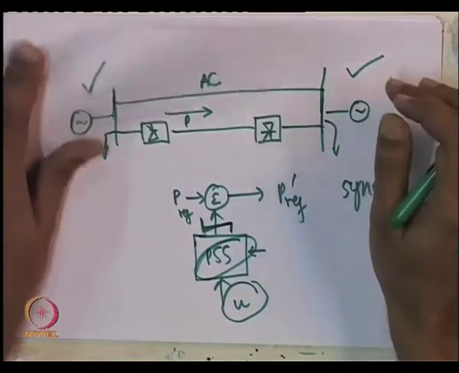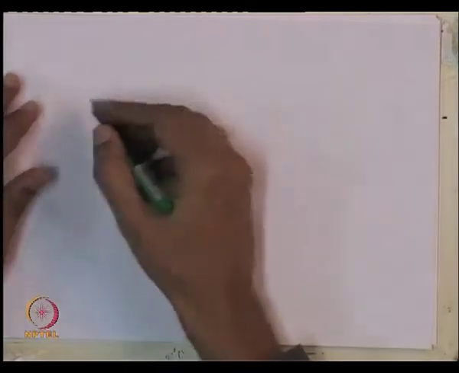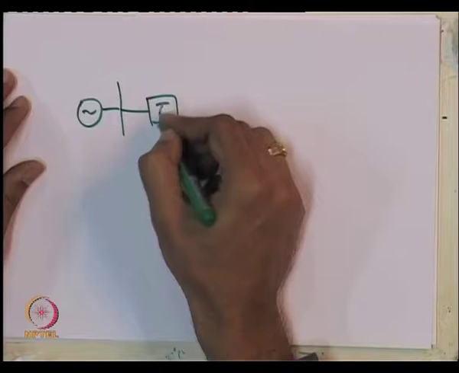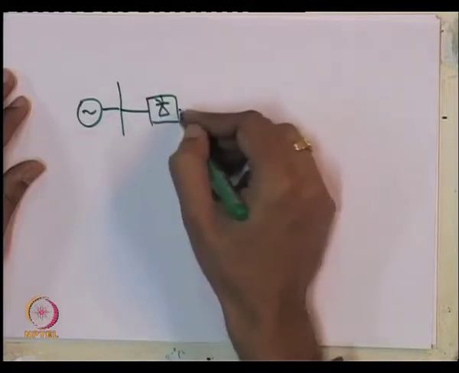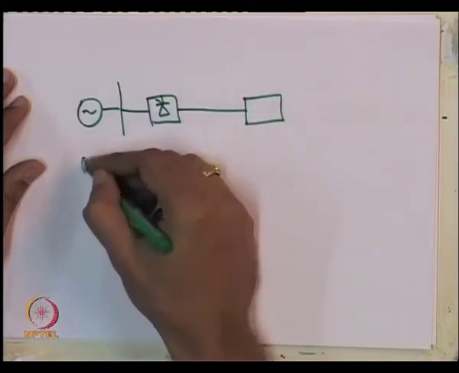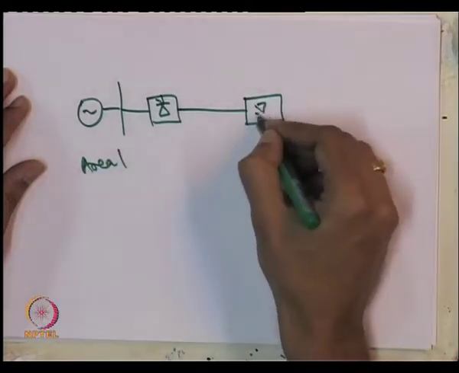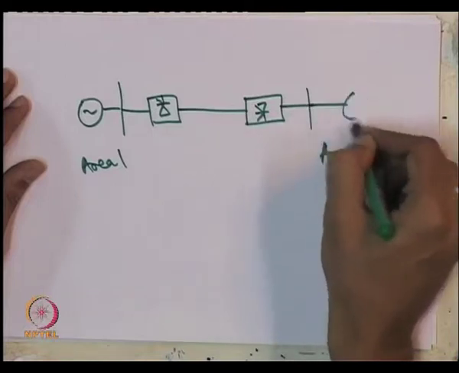Okay. If somebody asks you the question, how do I improve the relative angular stability in a system between the machines in area 1 and area 2 using a HVDC link of this kind.